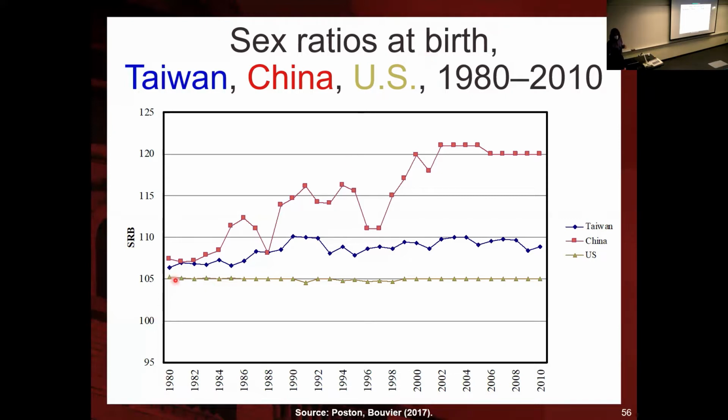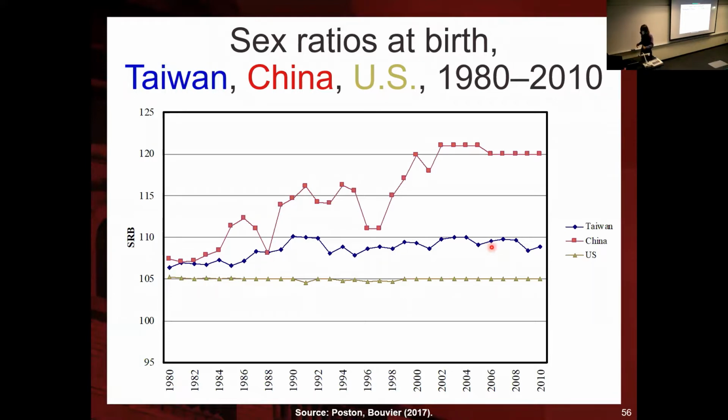So in the US, pretty much we have around 100 boys being born for every 100 girls. It varies a little bit over time, but not as much. In Taiwan, it did increase from the 1980s to the 1990s, but then in more recent years, it kind of stabilized around 110 boys for every 100 girls.